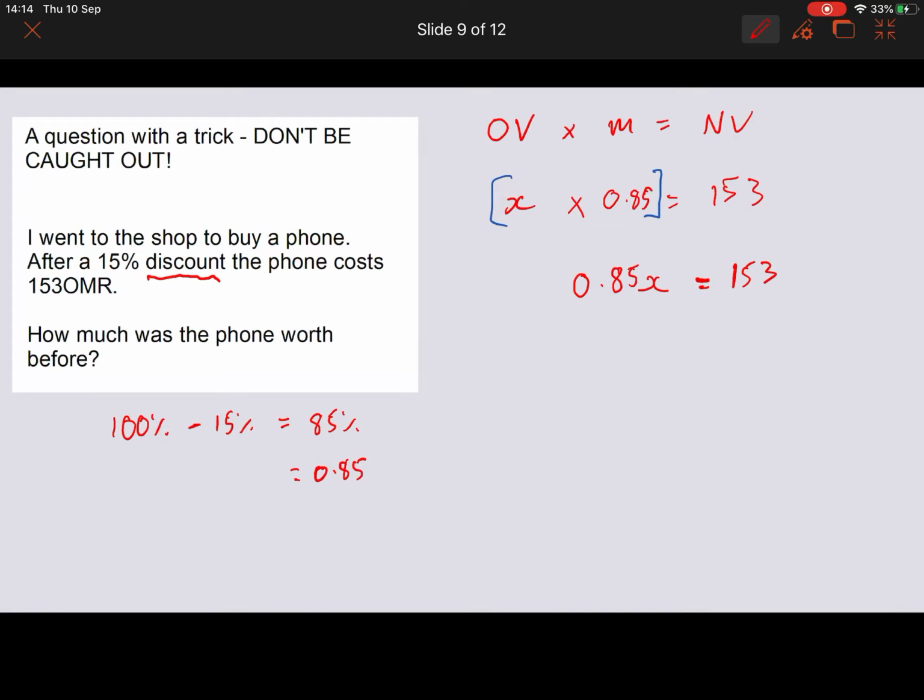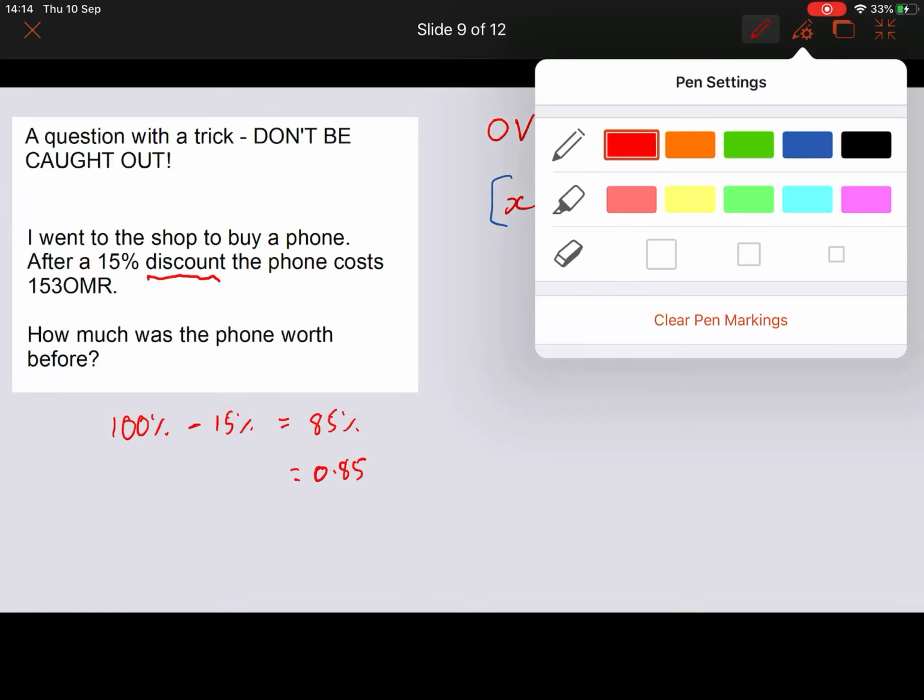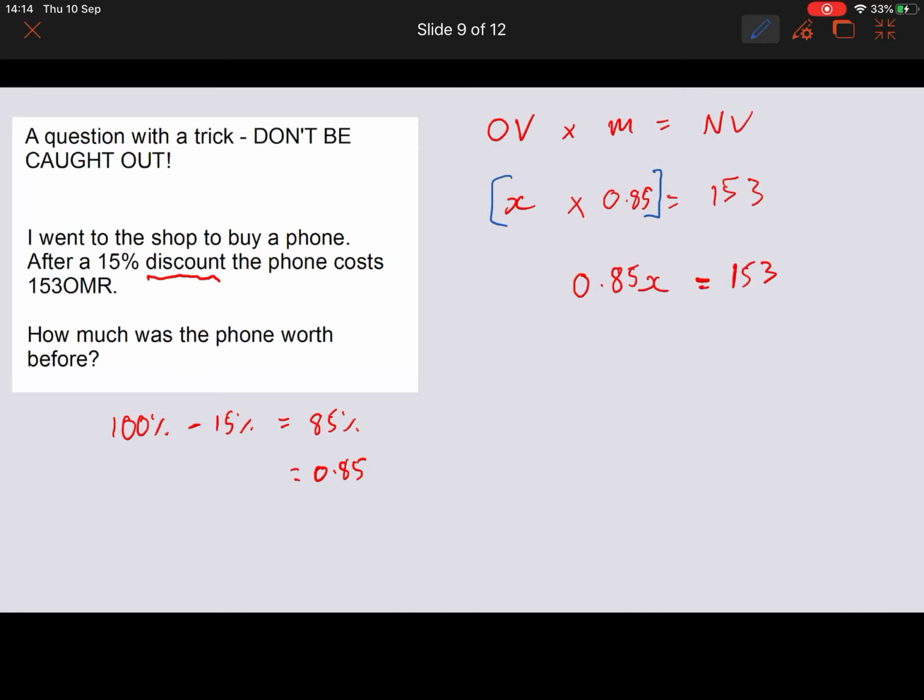Now, you do not write equations like this in algebra. We would write it like this: 0.85x is equal to 153. We always want to try and write things in an algebraic way, because once you do that, you are very good now at solving those equations.